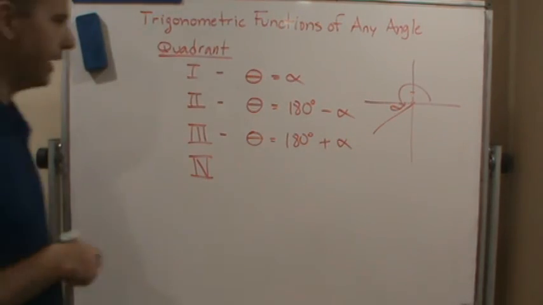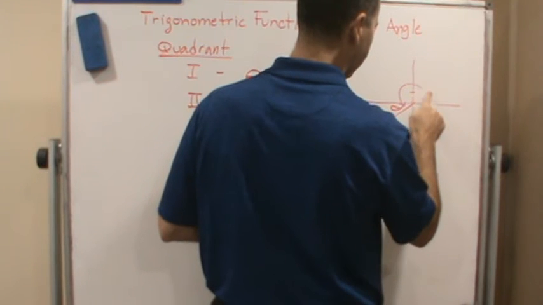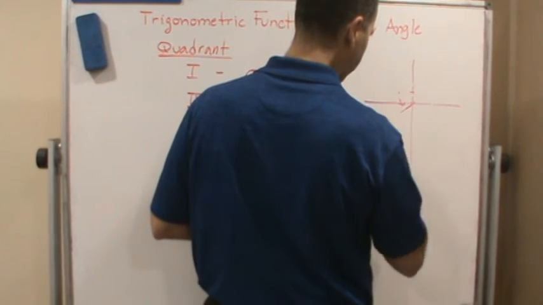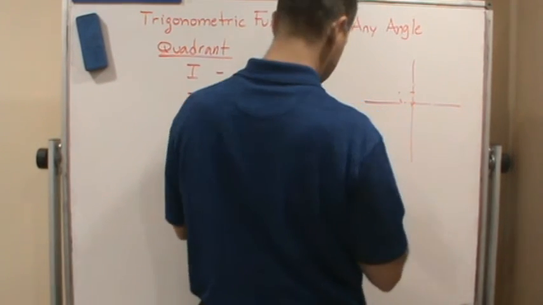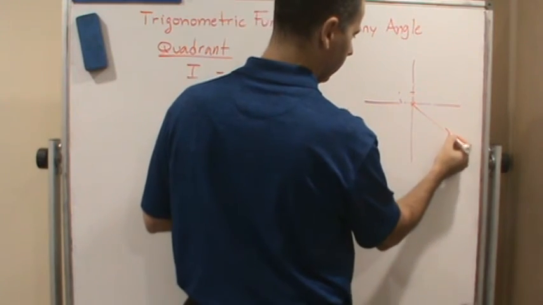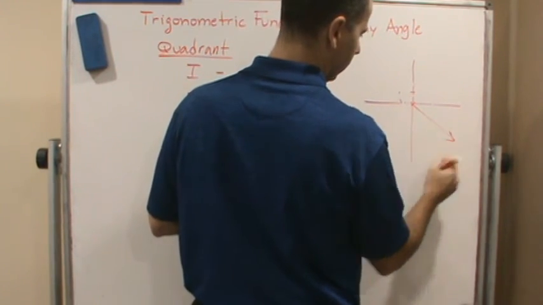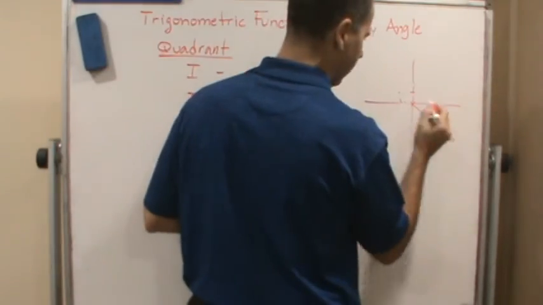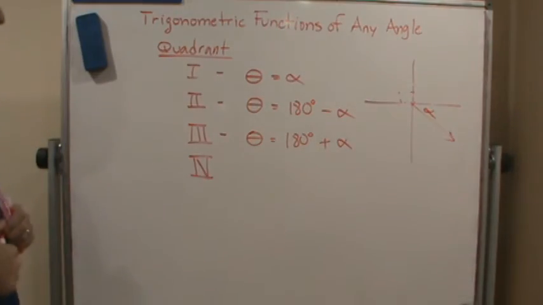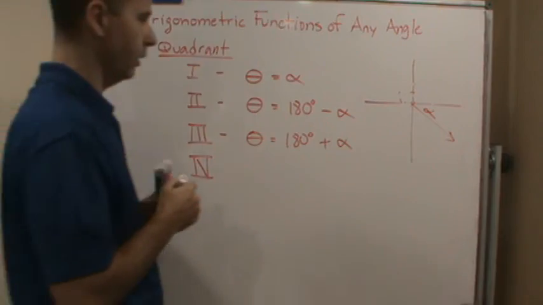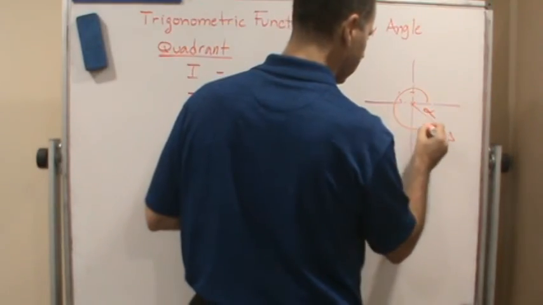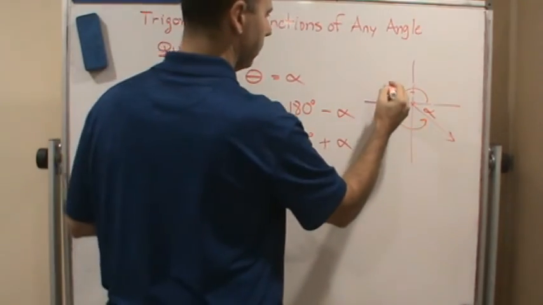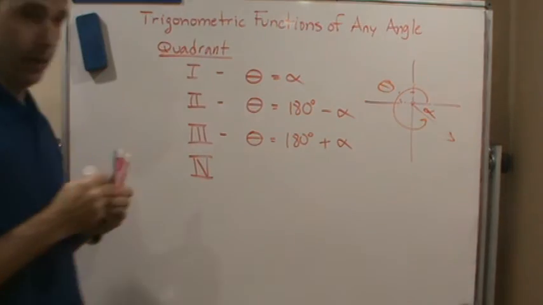And then finally, if we're in the fourth quadrant, here we are. Alpha is this angle, so our reference angle is there. In this case, how do we find our required angle, theta?